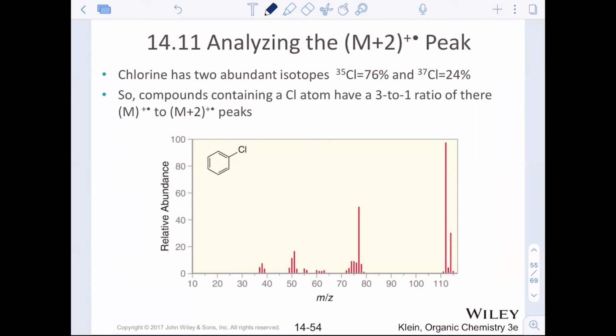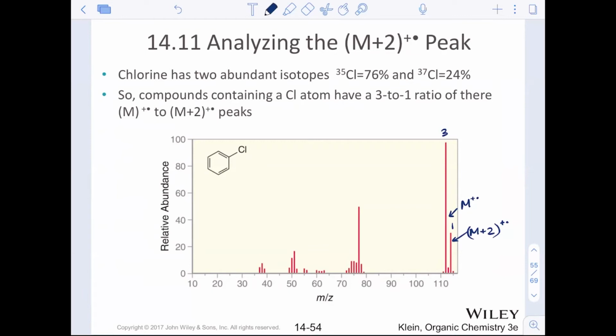And we see that the parent ion, the M, and the M+2 here exist with a little bit closer values, right? 75% to 25%, if you want to think about that. 3 to 1 ratio, right? If we think about those height differences, right?